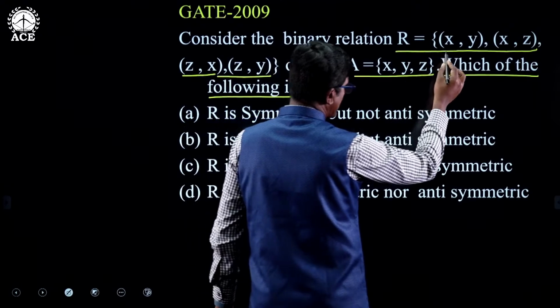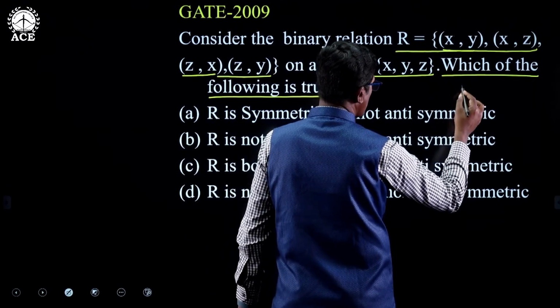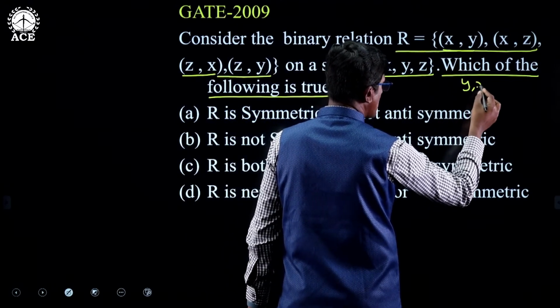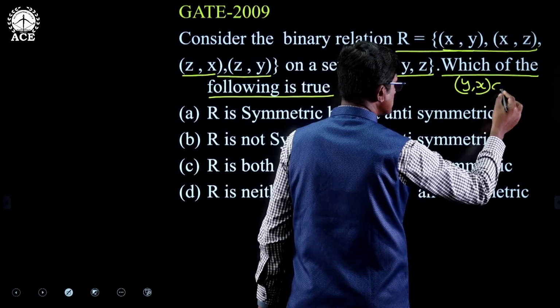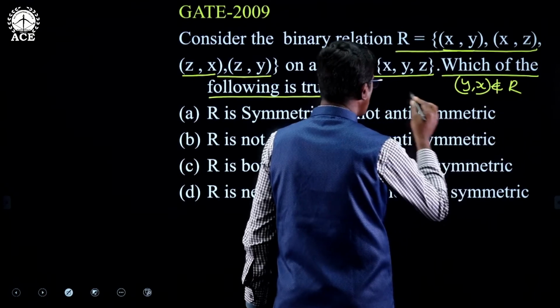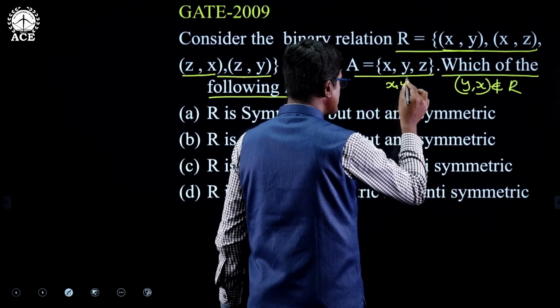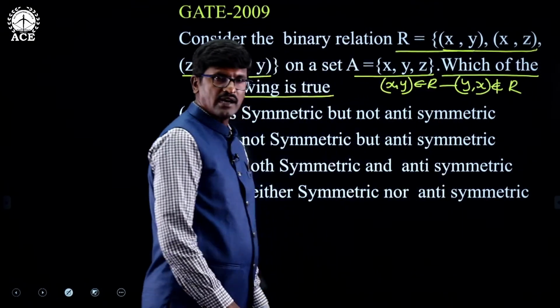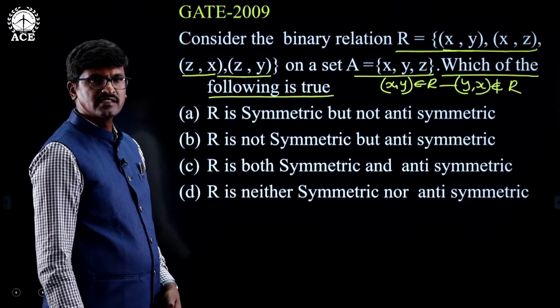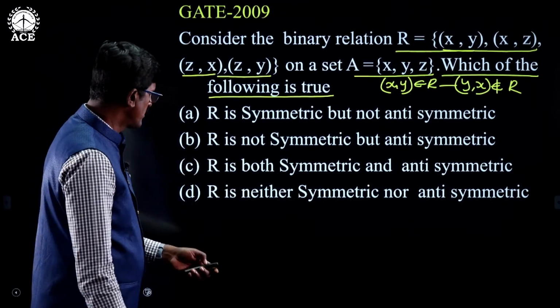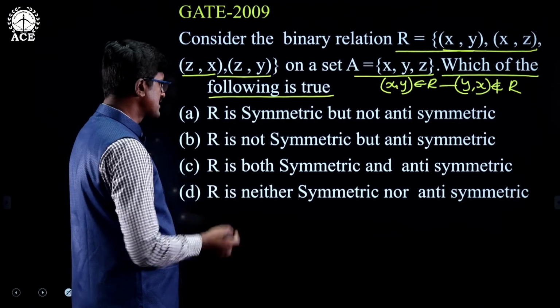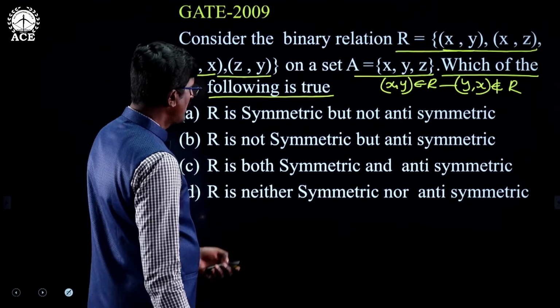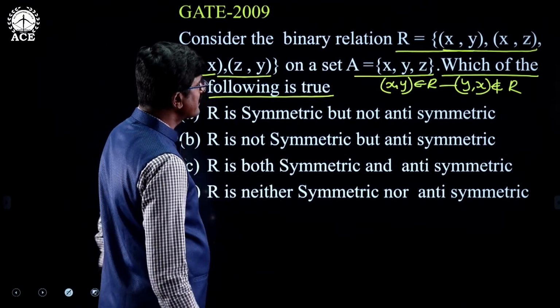Here (x,y) is there, but (y,x) does not belong to R. Therefore, it is not symmetric. Next, is it antisymmetric?